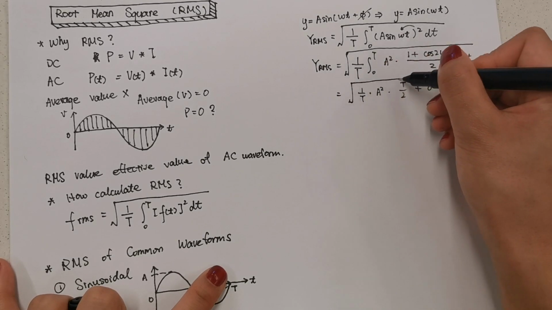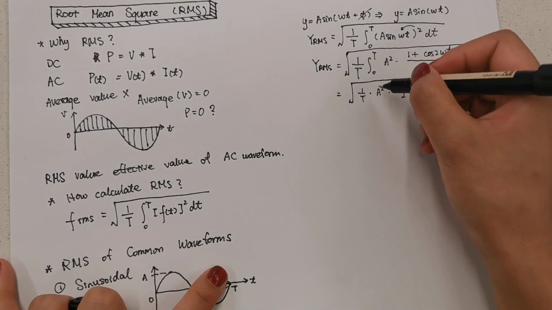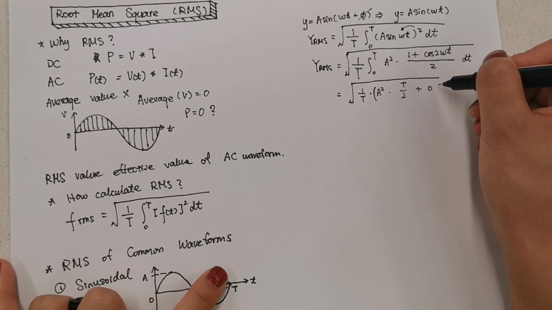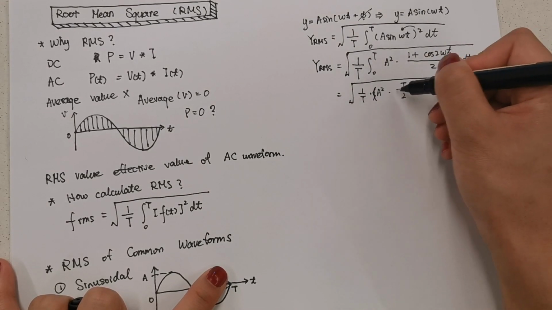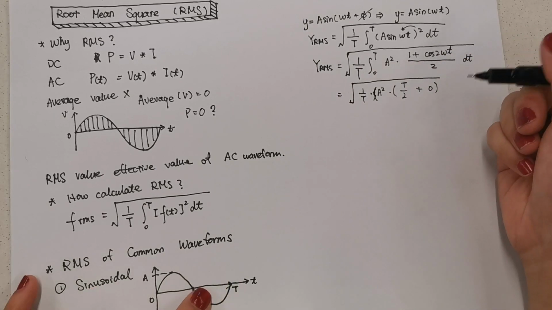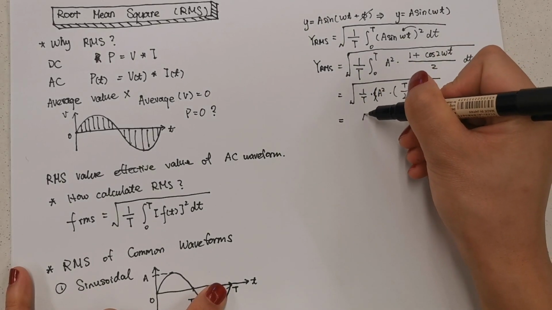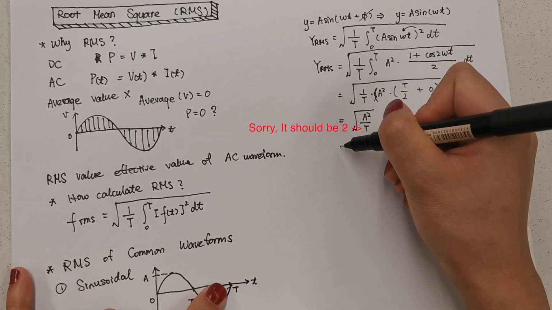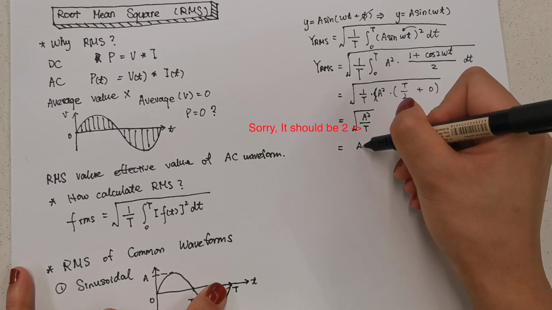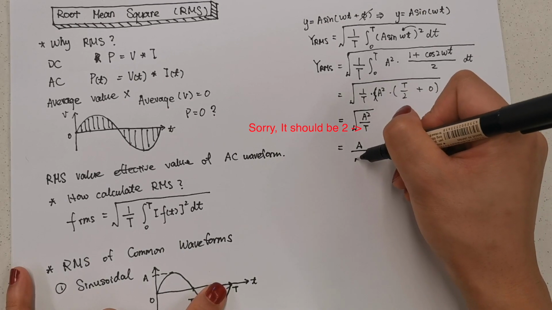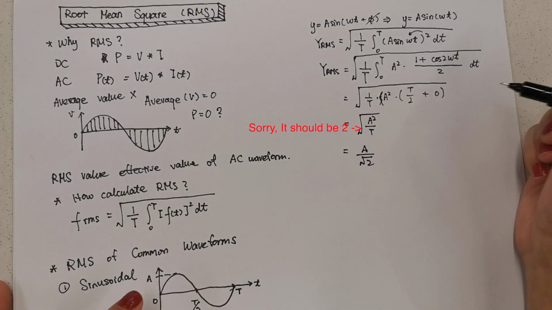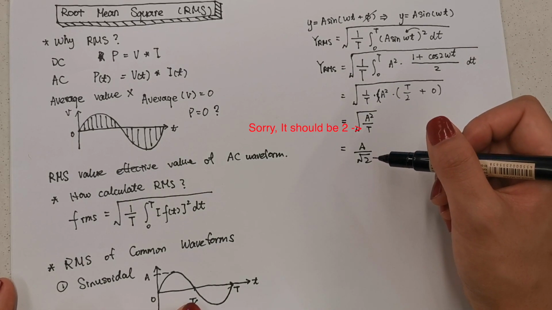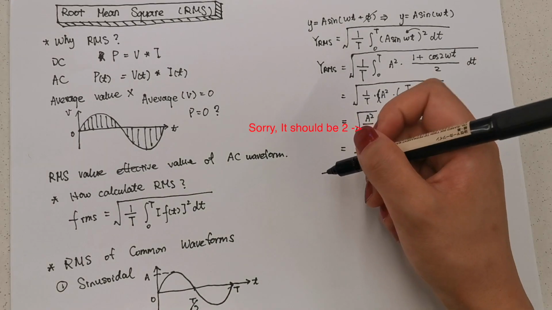So we get A squared divided by T, and then the square root, and then we get A divided by square root of 2. Yes, that's the RMS value of a sinusoid waveform.